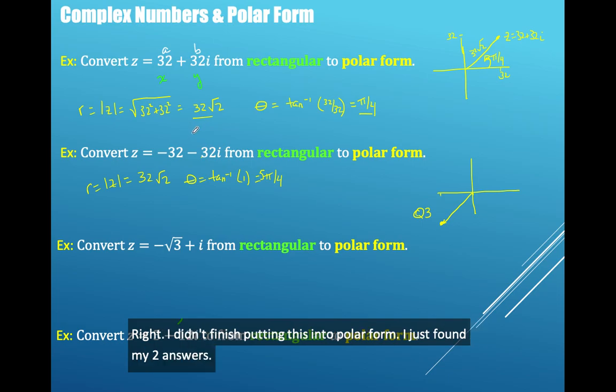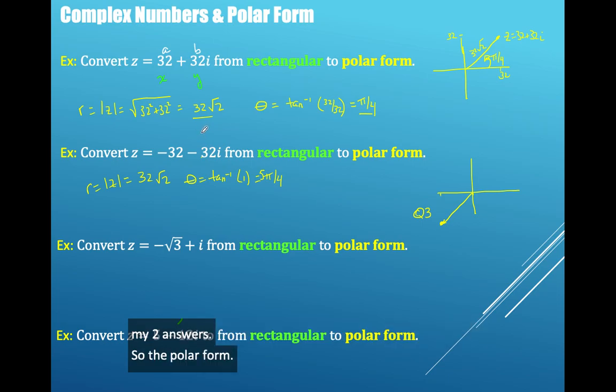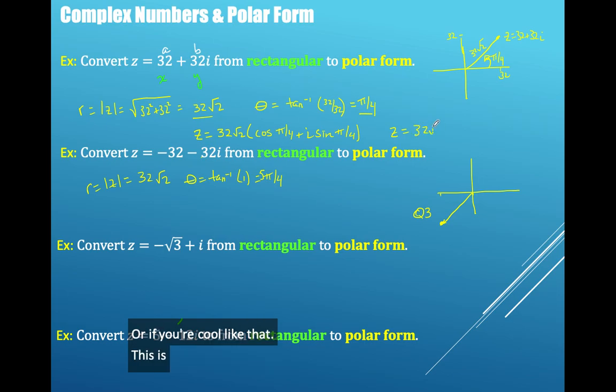So, the polar form, z is equal to r cosine pi over 4 plus i sine pi over 4. Or, if you're cool like that, this is 32 root 2 cis pi over 4.